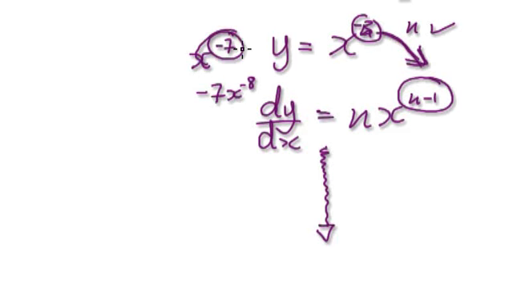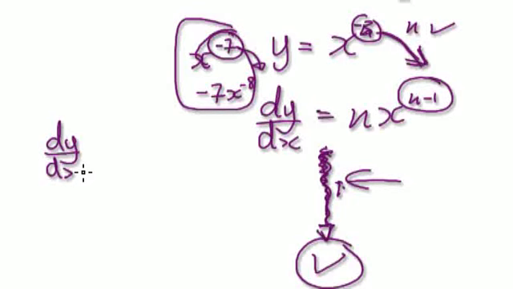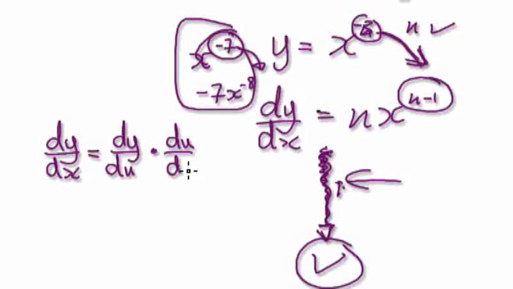You don't fully understand why this is the case yet. You need to build up your knowledge, and the knowledge you will need is implicit differentiation. Now, in the case of the chain rule here, you've got dy by dx, which equals dy by du times du by dx.